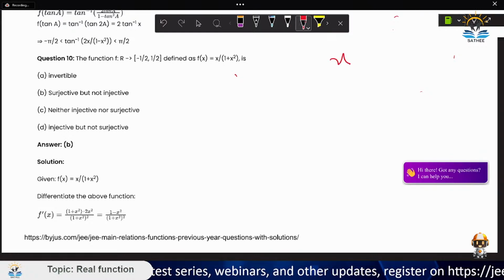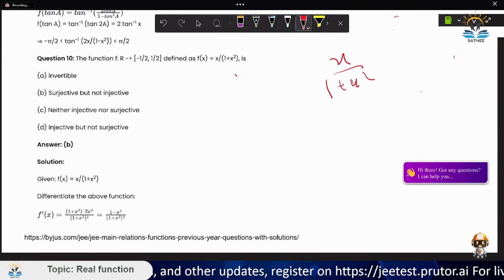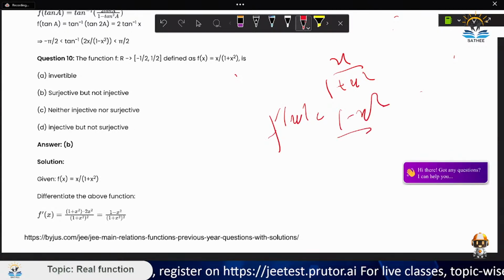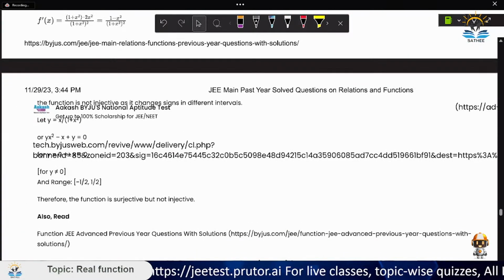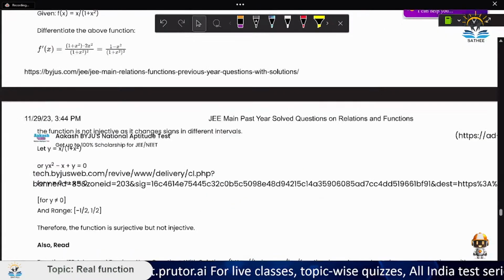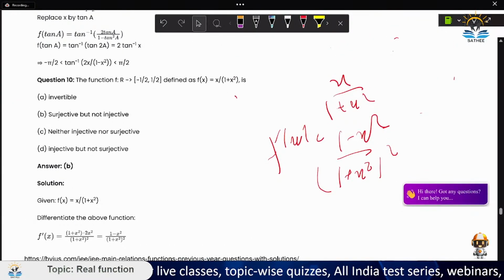So we have given here x by 1 plus x square, right? So let's differentiate it for a minute and see what we get. So on differentiating, what we get is f dash x is equal to 1 minus x square over 1 plus x square whole square. Okay, so what we can see is this would go to zero.